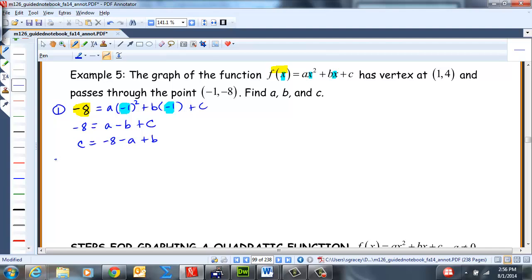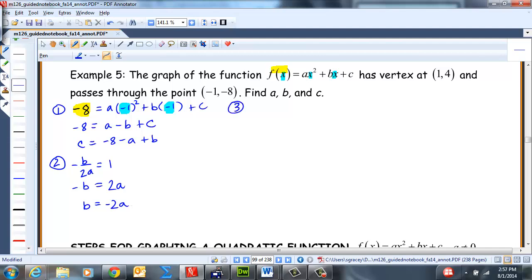Now, second step, we know that -b over 2a is equal to 1 because we've been given the vertex. So if I were to isolate b in this equation, I would get -b is 2a, so positive b is -2a. So we're going to just keep that in mind. We're just working at it step by step.